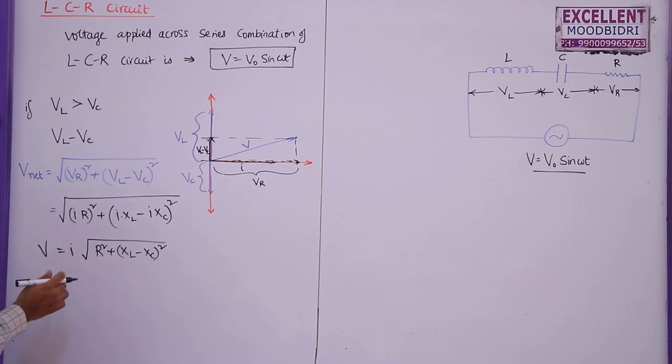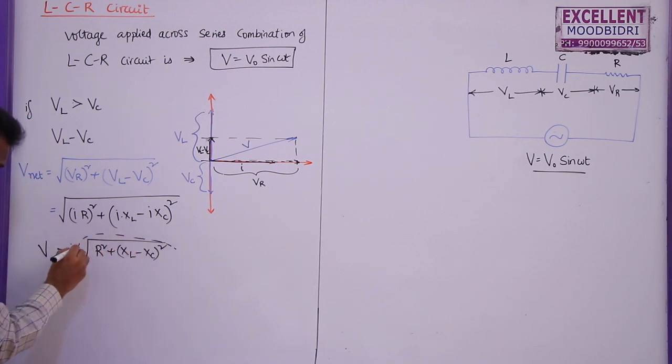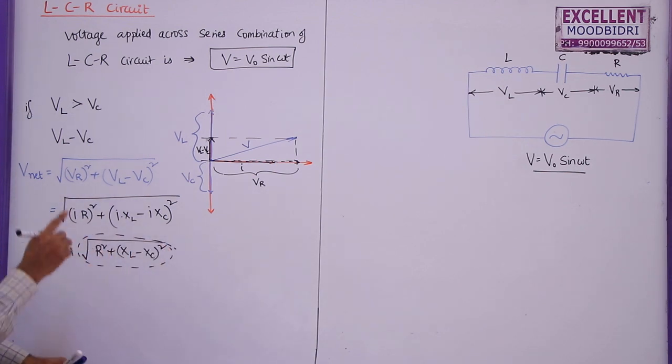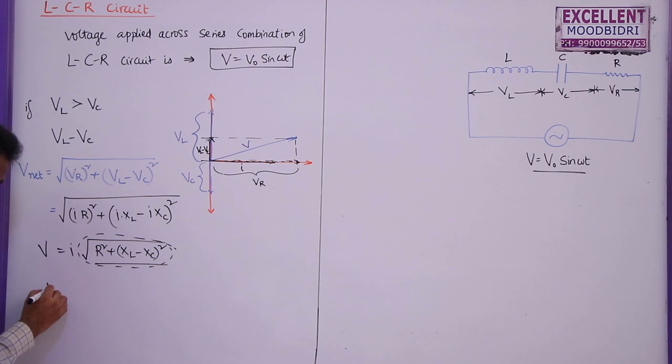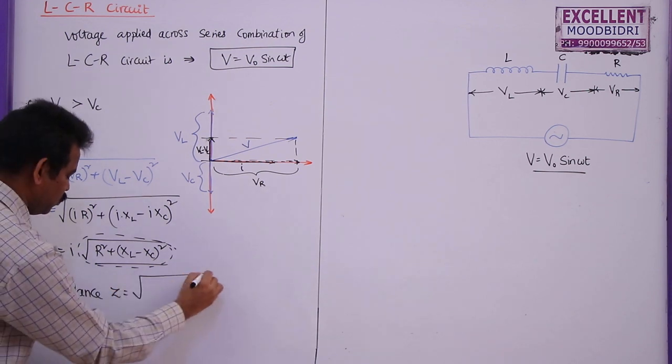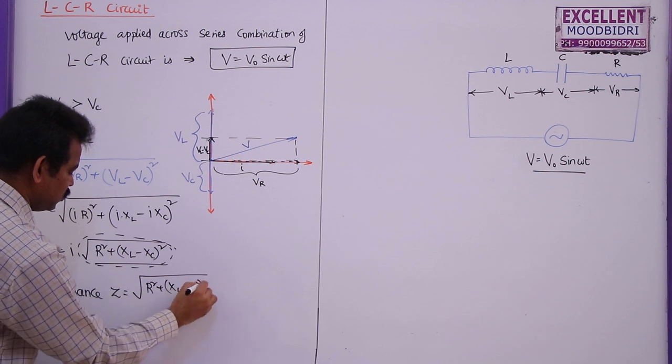Once again we have this formula, V is equal to I into some opposition. This is the total opposition offered by the LCR series circuit to the flow of current. So once again we call it impedance only. So the impedance Z of this LCR circuit is given by root over R square plus XL minus XC whole square.